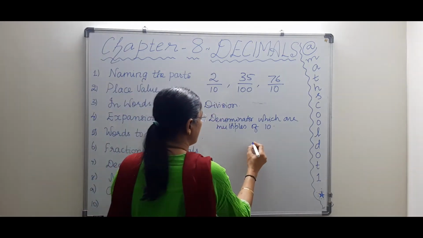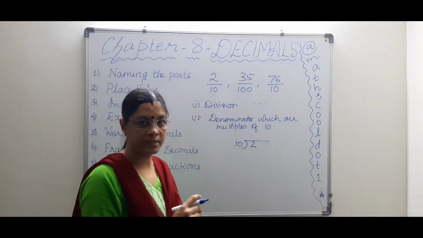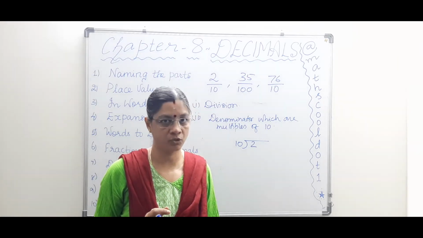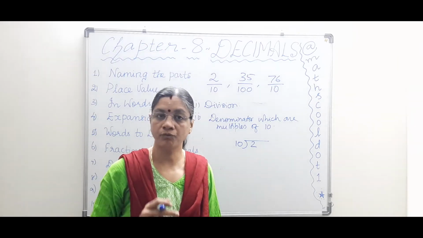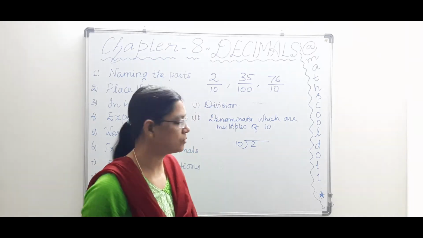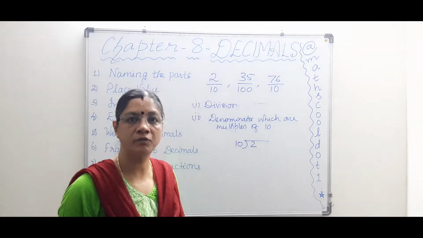Okay, so now can 2 be divided by 10? Obviously no, isn't it? We can't divide 2 by 10 because it is much smaller. But in decimal, to find out decimal numbers, we can divide, and there is a method for it. Now 2 is not divisible by 10.